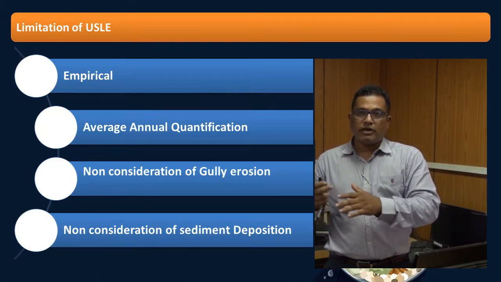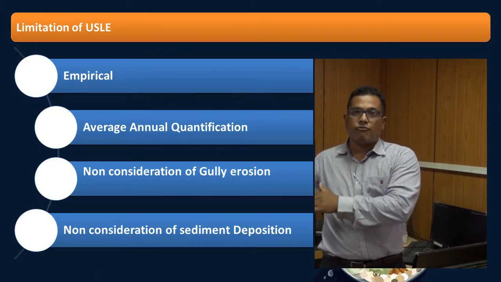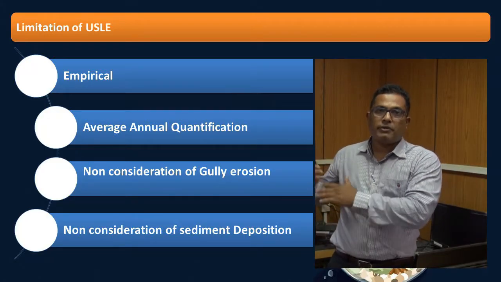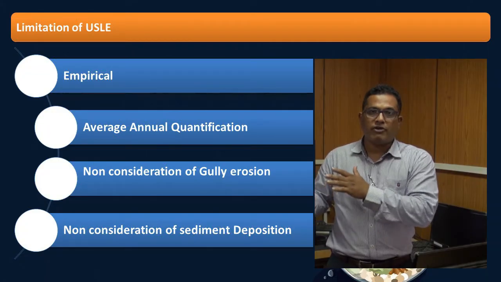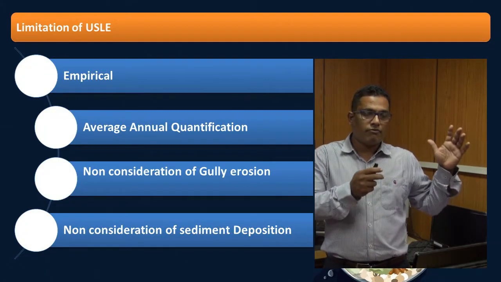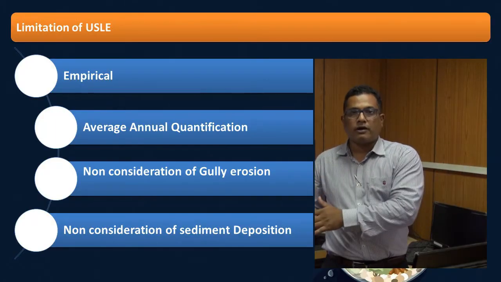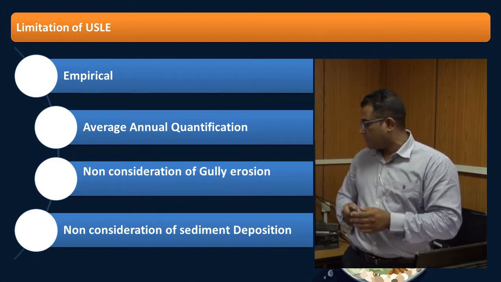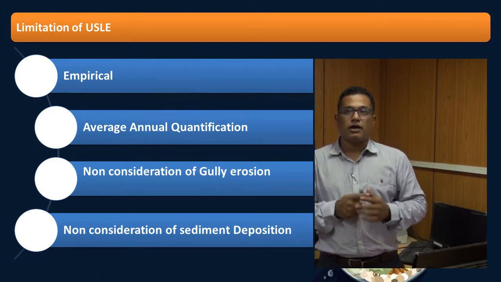Through this equation we cannot say that for a particular rainfall this much soil loss is happening. This is an average over a period of many years. So we can have an estimation of annual soil loss, not for a particular duration of storm or a particular area. Third, it does not consider gully erosion.